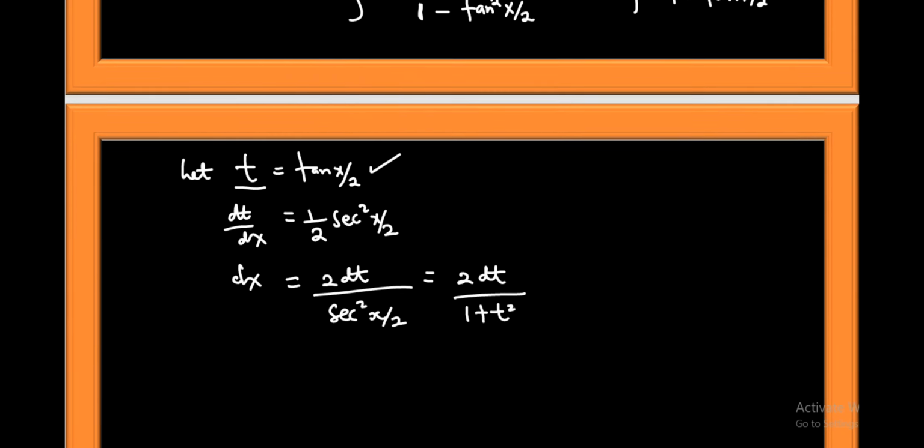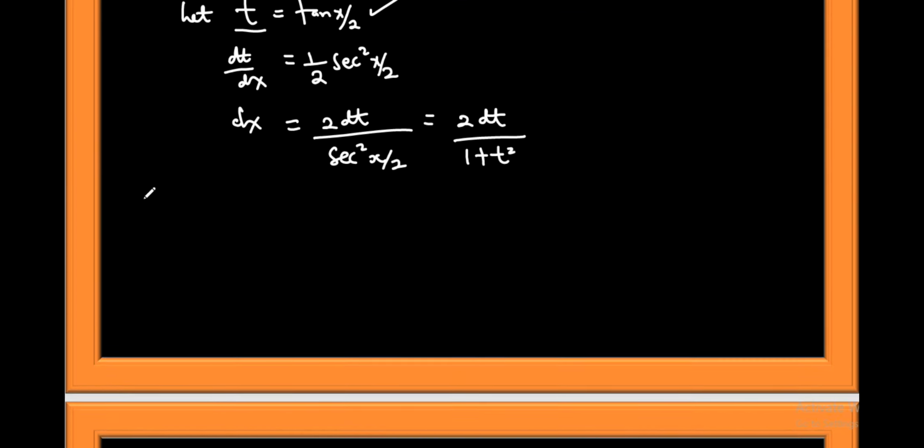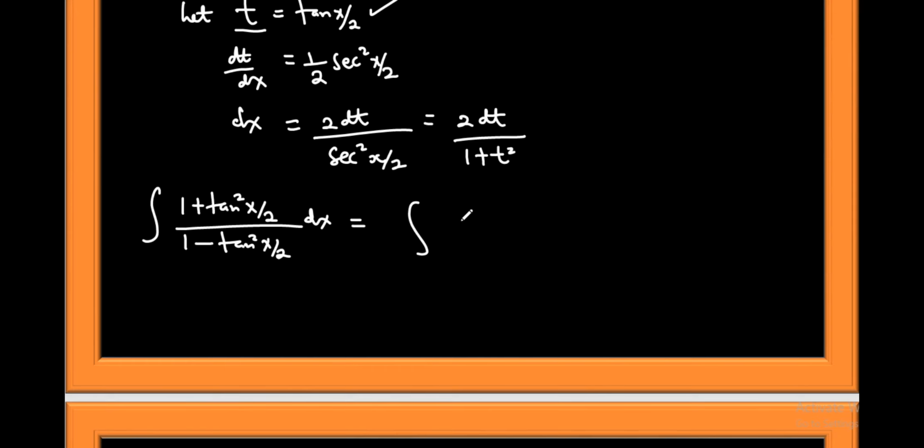We can now say that our integral of 1 plus tan squared x out of 2 divided by 1 minus tan squared x out of 2 with respect to x is just as good as the integral of 1 plus t squared divided by 1 minus t squared, but then we are multiplying everything by dx, which became 2 dt divided by 1 plus t squared.